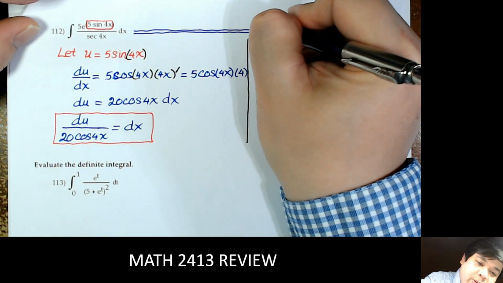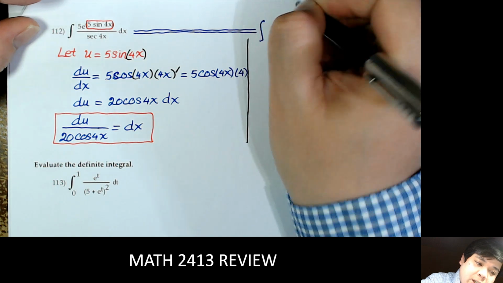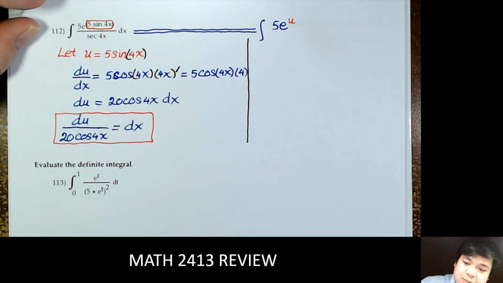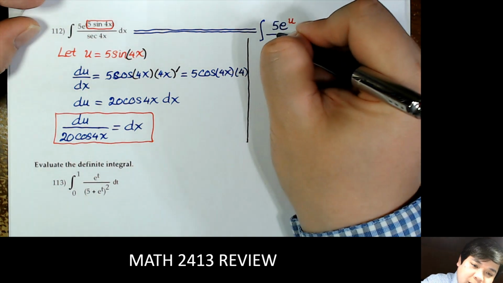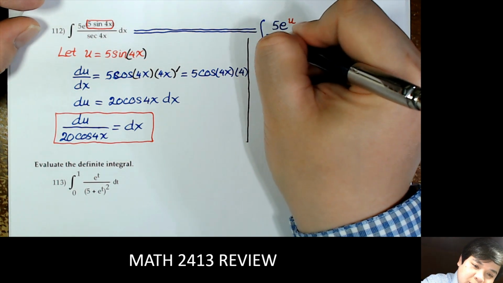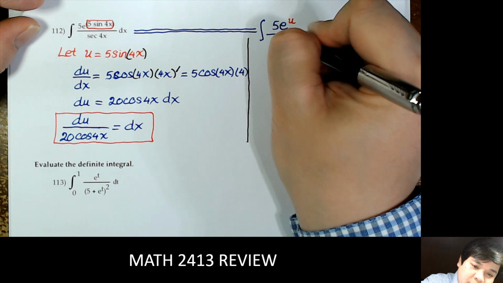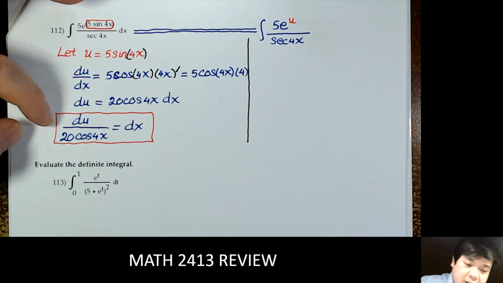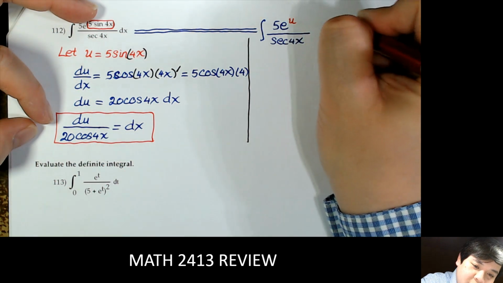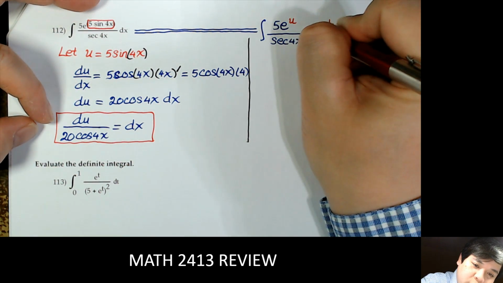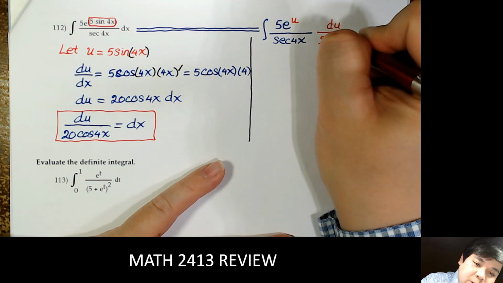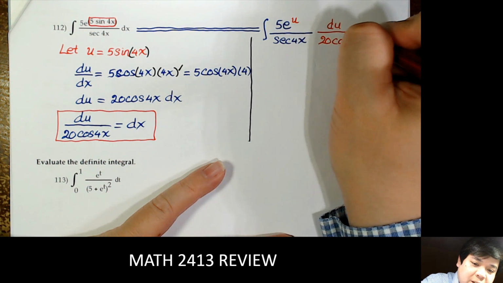So we have 5e, and this is u on the top, and then the secant of 4x. Right, dx is du over 20 cosine 4x.